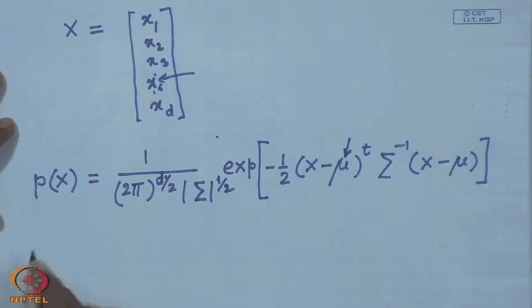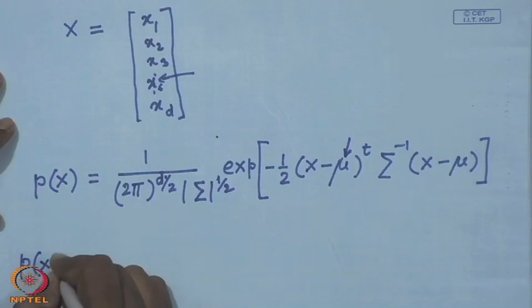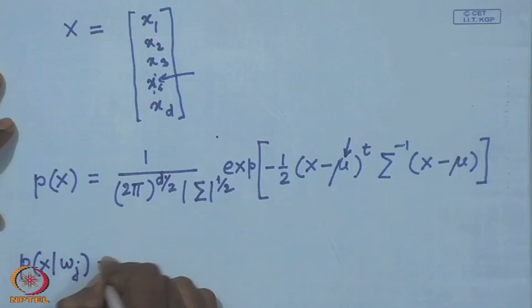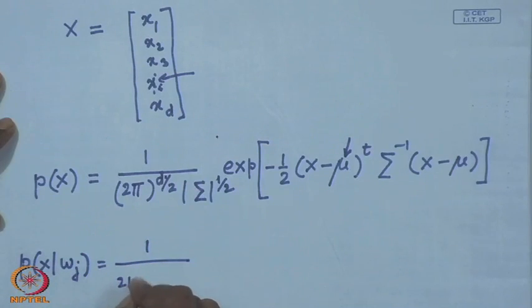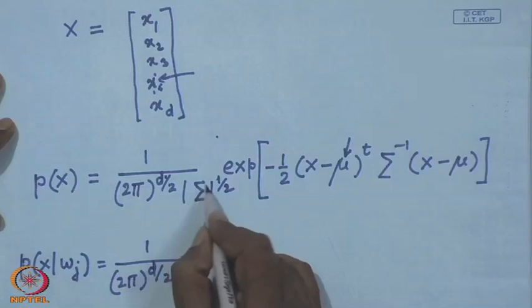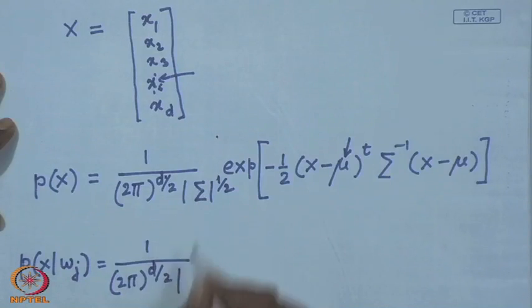And in the same manner, if I want to put what is the class conditional probability, that is p of x given omega j, which will be given by 1 upon 2 pi. Now, this sigma has to be replaced by sigma j, because this is the covariance matrix of all the sampled vectors which are taken from class omega j.